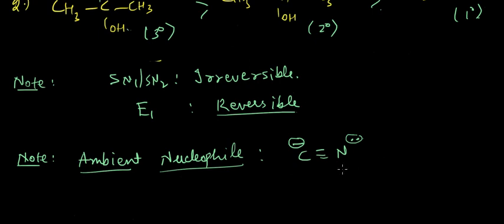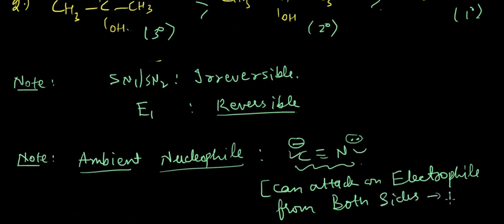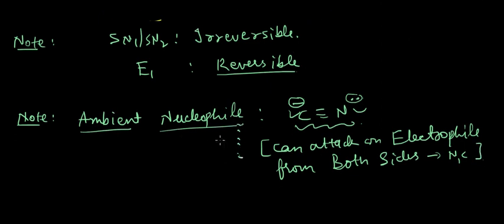Okay, so what happens is, this type of nucleophile can attack on electrophile from both sides, either from the carbon side or from the nitrogen side. So this is what is called an ambident nucleophile.